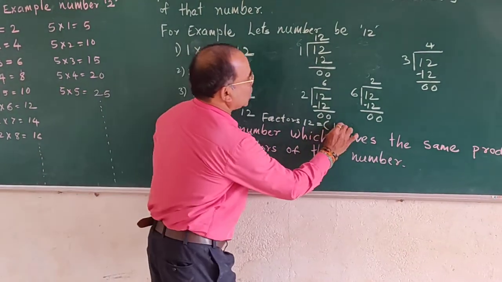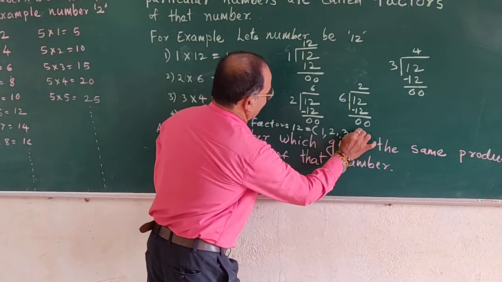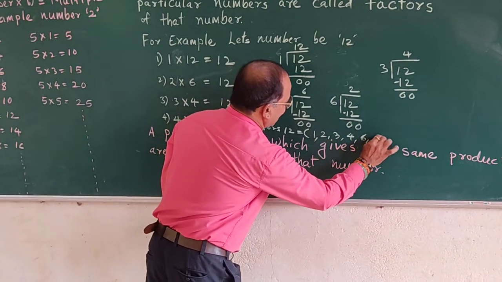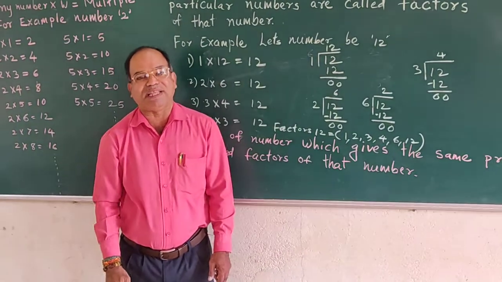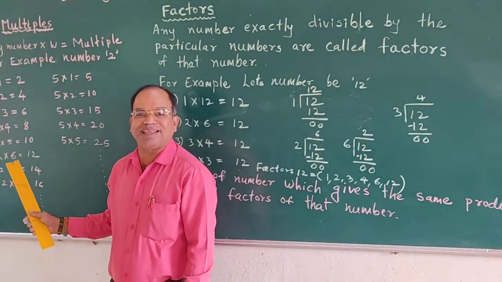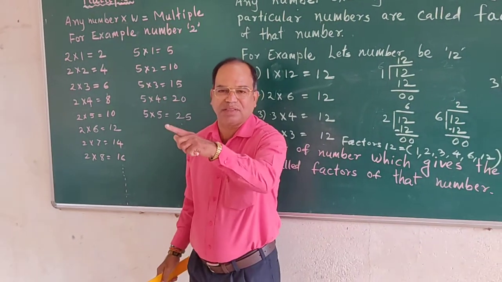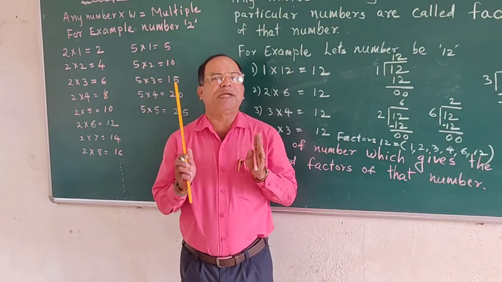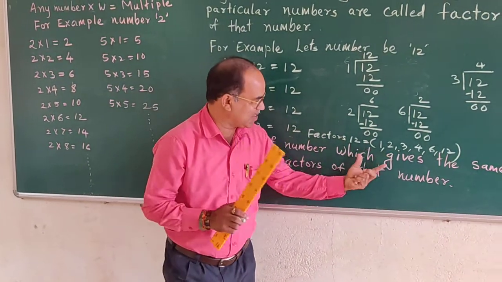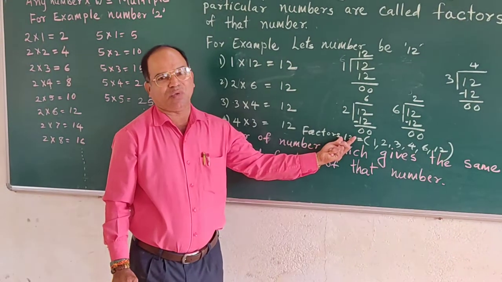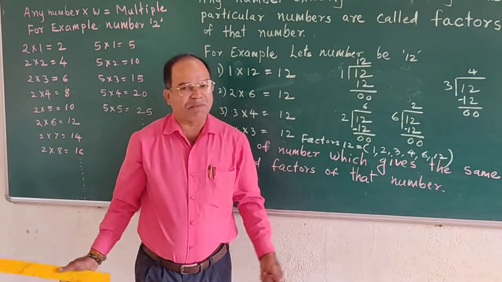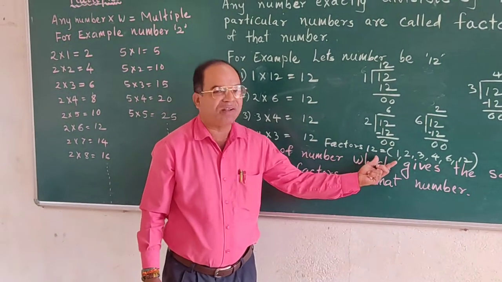So 1, 2, 3, 4, 6 and 12 are all the factors of 12, and these factors are finite. Multiples are infinite, they go on, but factors are a particular set of numbers. They are finite. So multiples are infinite, factors are finite.